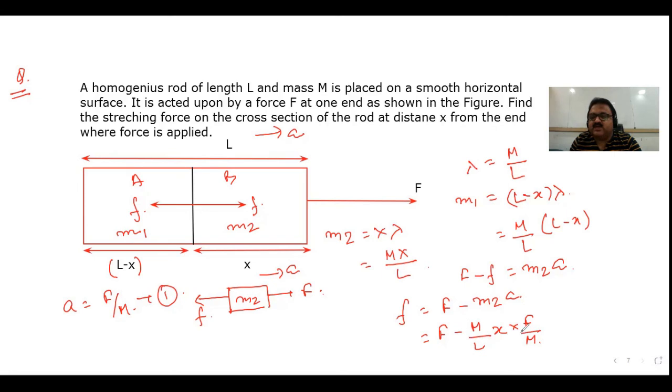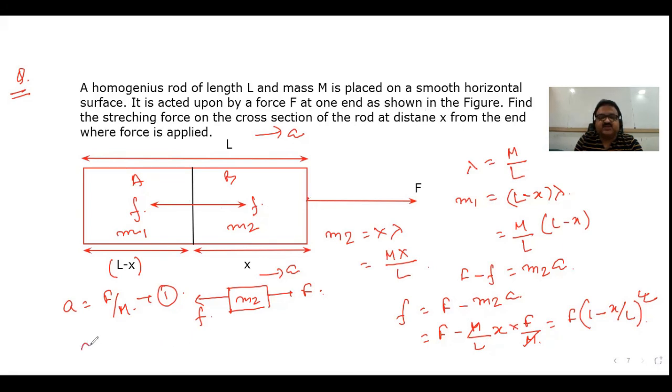M gets cancelled. If I take this F common, what is left inside is 1 minus x by L. By applying this formula, you can find the value of the stretching force anywhere on the rod.